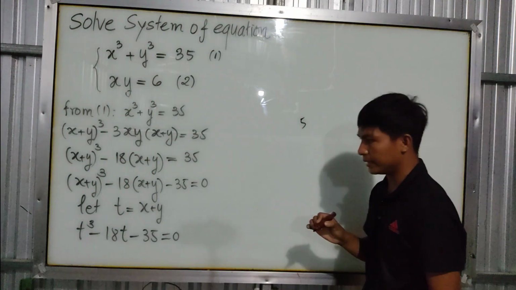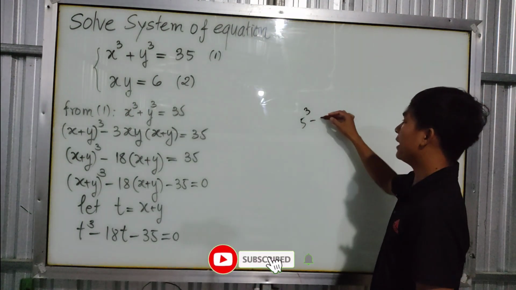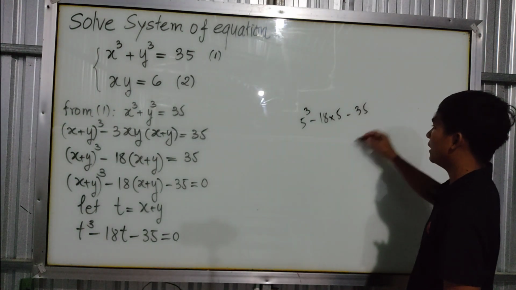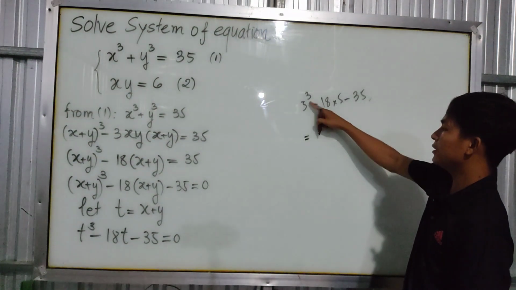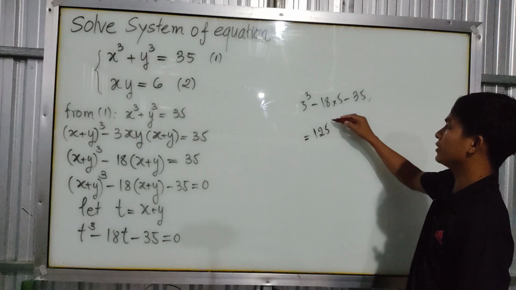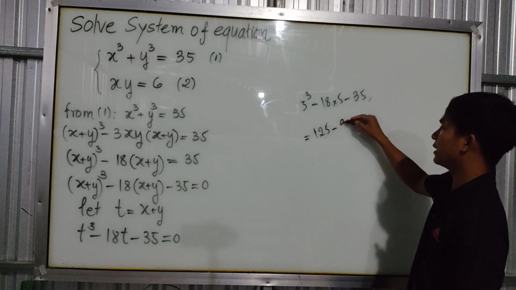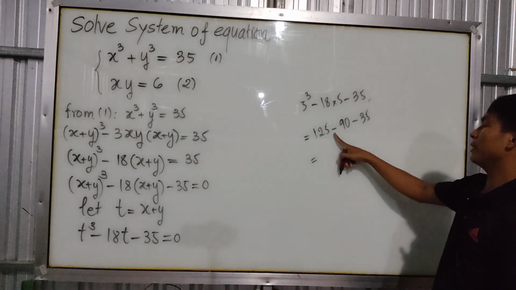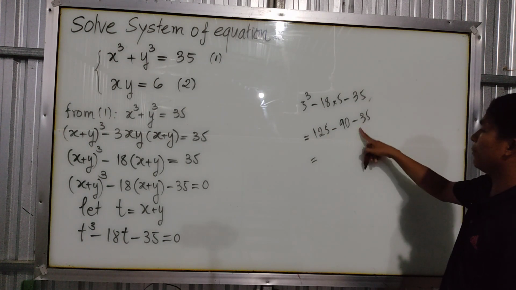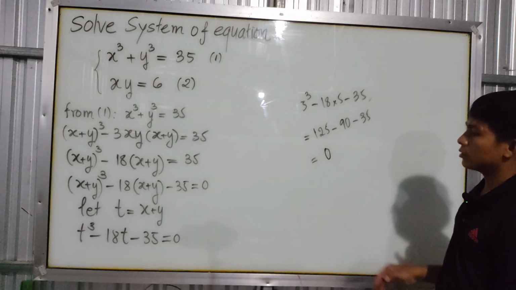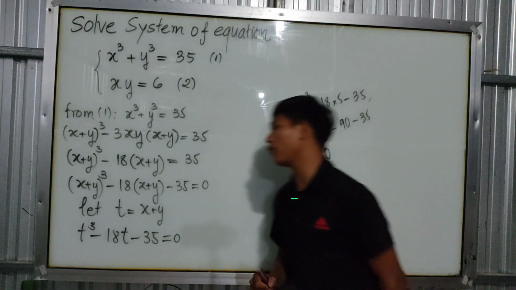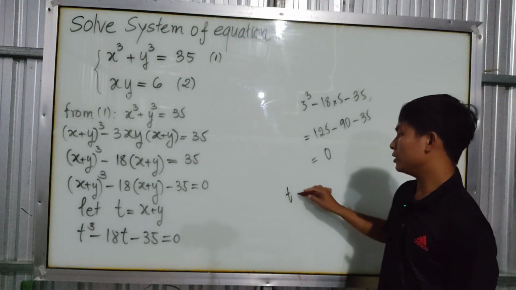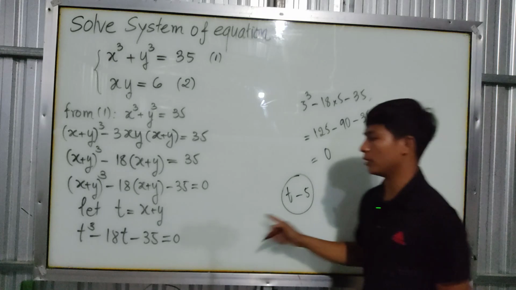We get 5 power 3 minus 18 multiplied by 5 minus 35, which is 125 minus 90 minus 35. 125 minus 90 is 35, and 35 minus 35 is equal to 0. So t equal to 5 is one root of this equation, and t minus 5 is one factor of this equation.